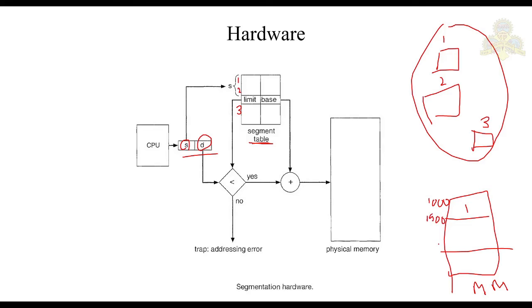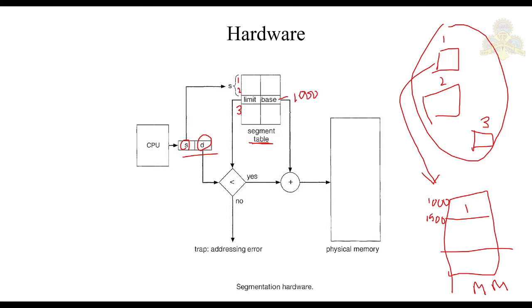This is for assumption. Now your base is the base address of that particular segment in the main memory. So segment 1 is present in the main memory at the starting location 1000. So this 1000 becomes the base address for your segment 1. Here the base contains the value 1000.